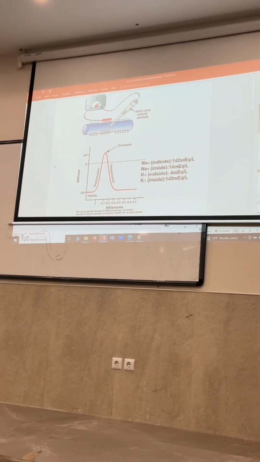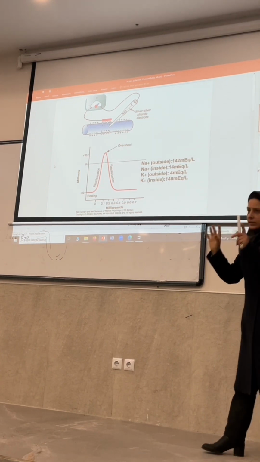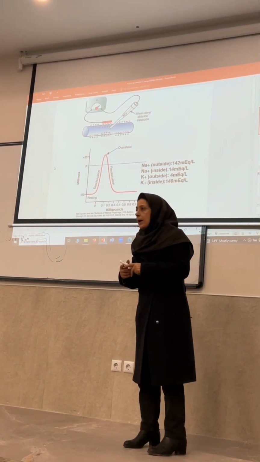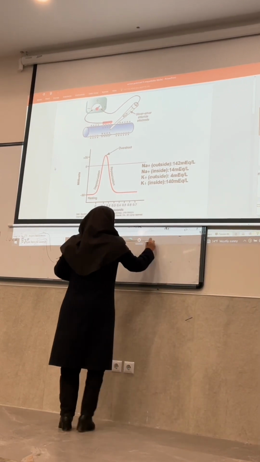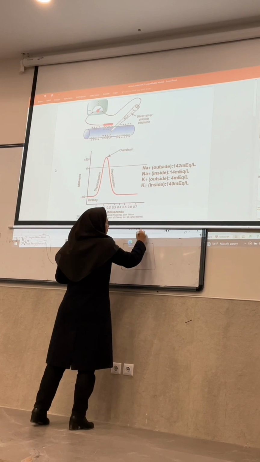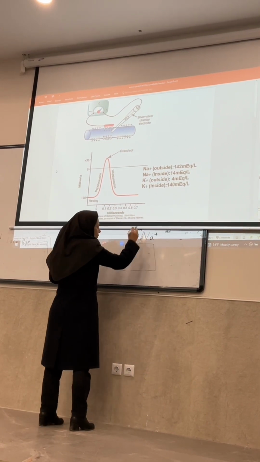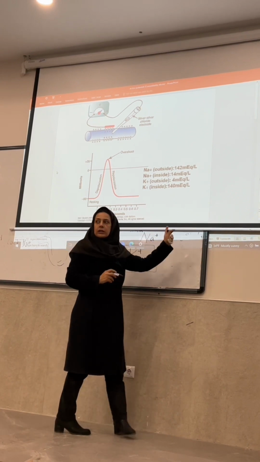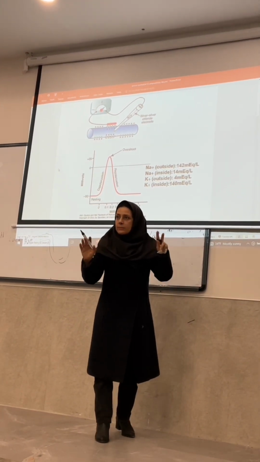Just don't think about action potential, only think that we have some channels for sodium and potassium, and the normal amount of sodium is outside and potassium normally is inside. At first we are just talking about sodium, not about action potential.